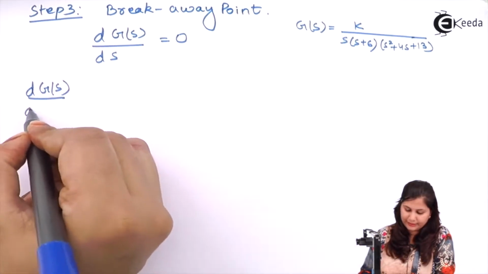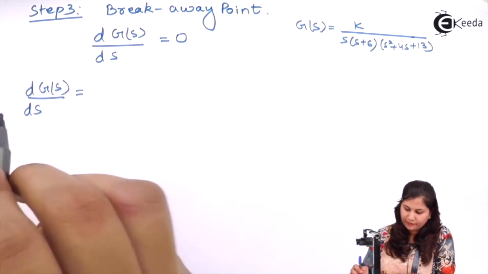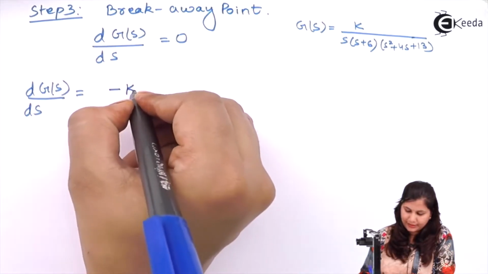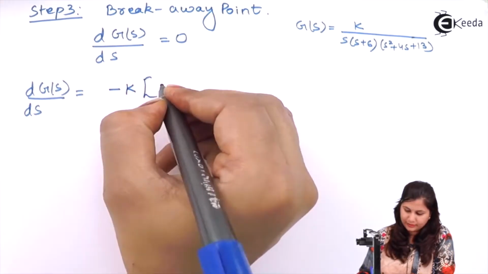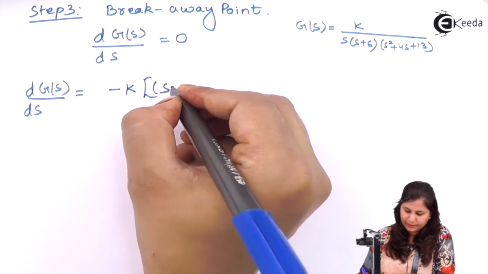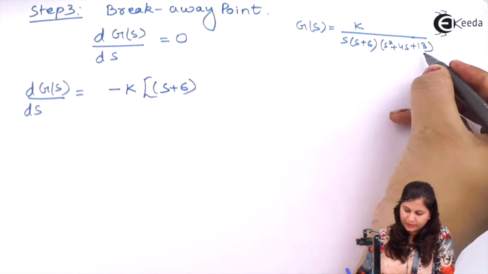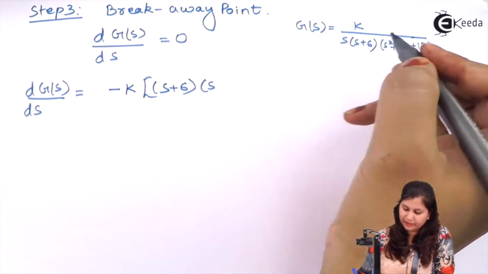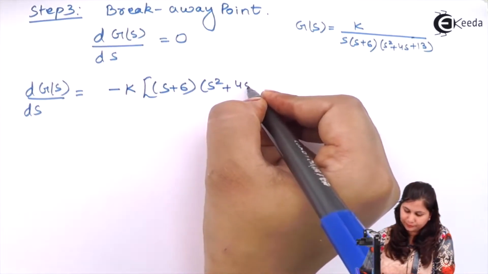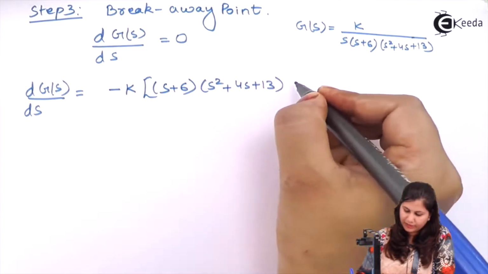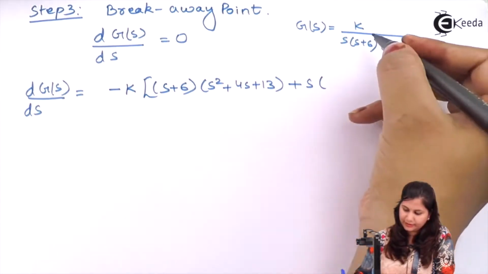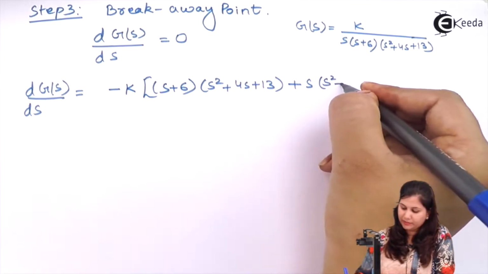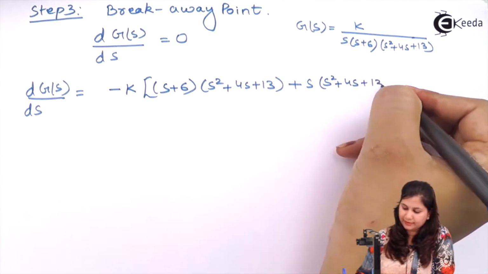Differentiating with respect to s, dG(s)/ds will be equal to minus K, then (s plus 6) times (s squared plus 4s plus 13), because differentiation of s will be 1, with the remaining terms as they are. Then plus s times the differentiation of s plus 6, which will be 1, and the remaining terms we write as they are.